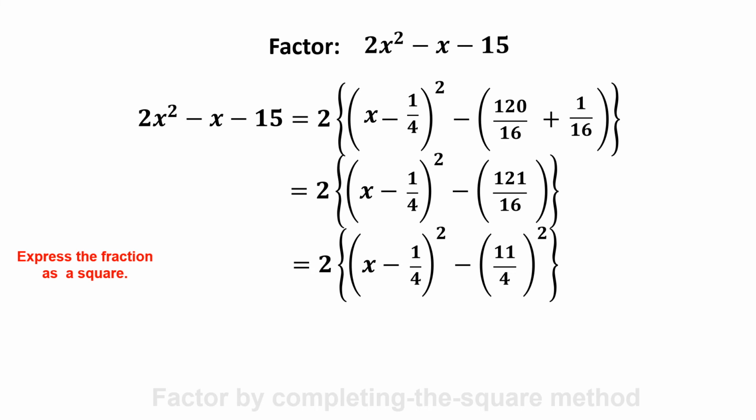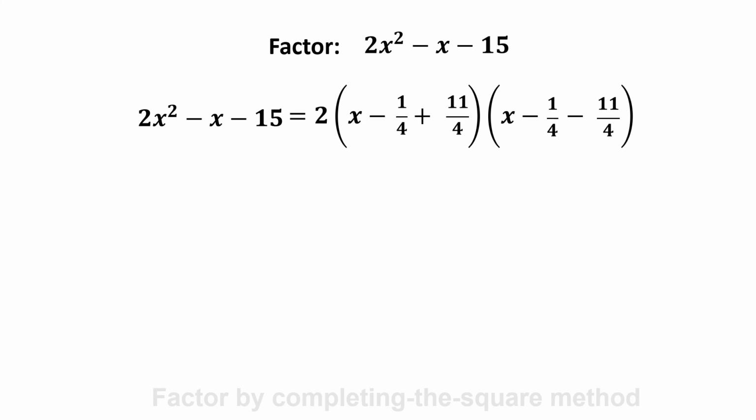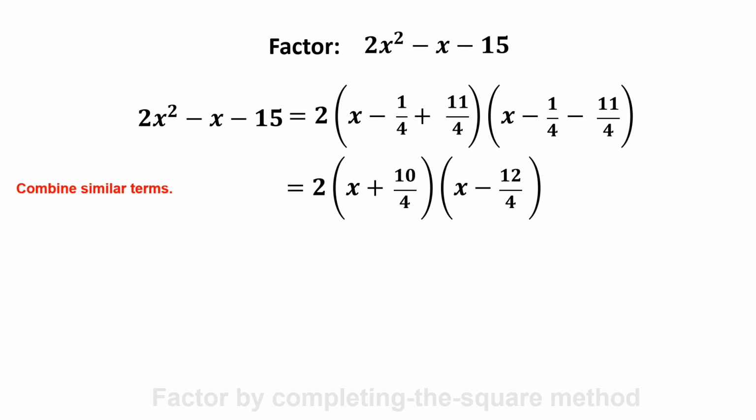It is now obvious that we have a difference of 2 squares. Let's factor this part. Now, add the similar fractions. Combine the fractions in each factor. Finally, simplify the factors to obtain the factors 2x plus 5 times x minus 3.